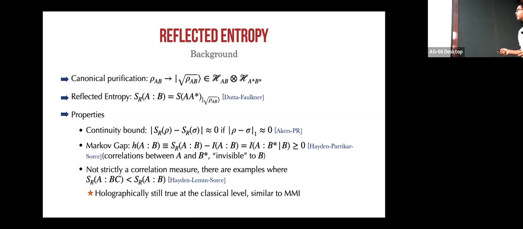Monogamy of mutual information is the story where if you use the Ryu-Takayanagi formula, you get inequalities which are stronger than what arbitrary quantum states give you. So it's some sort of special class of states. In a similar sense, this inequality is also satisfied by the classical part of the state, but then the quantum part will violate it.